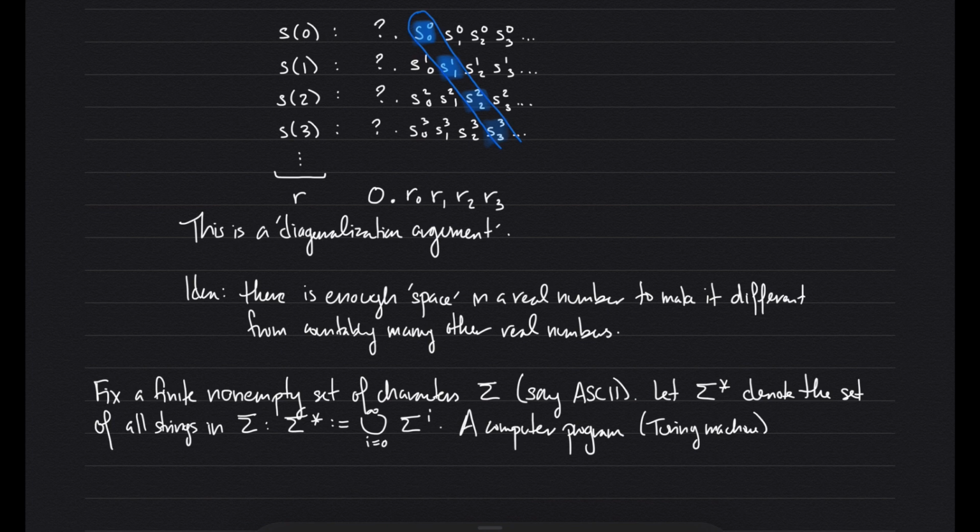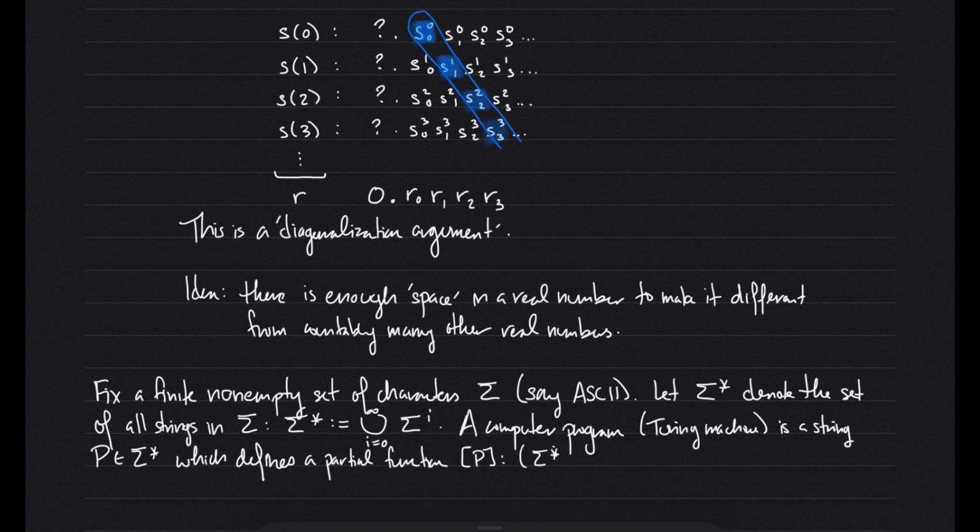So a computer program, we can say, is a string P written in our set of characters, sigma, which defines a partial function, let's call it bracket P, from sigma star n to sigma star for some n.